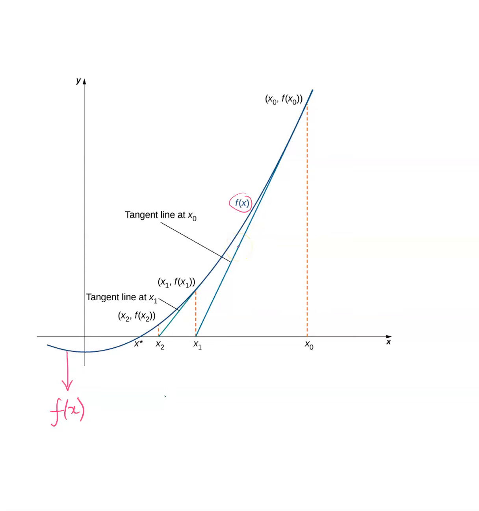Visually speaking, we want to find this answer here, right? That is where your function, your f of x, is 0, because that's your corresponding y value. f of x is 0 at that point. We need to find this x value. And in order to do that, we are going to begin by finding the tangent line at a particular point. So let's say the solution happens here.